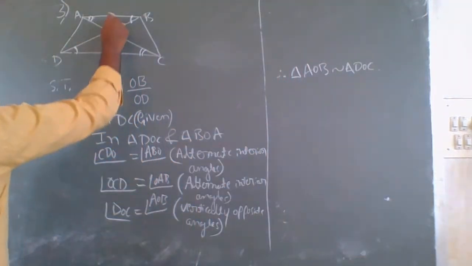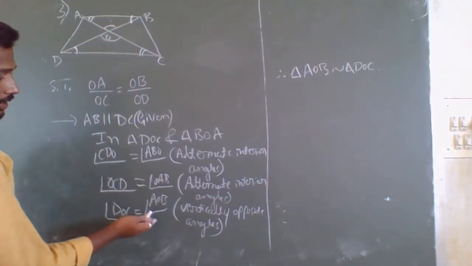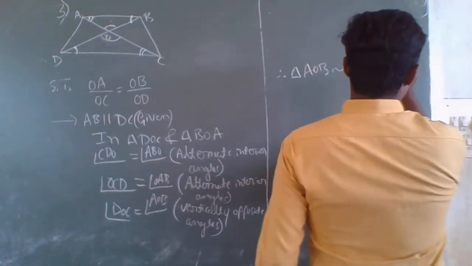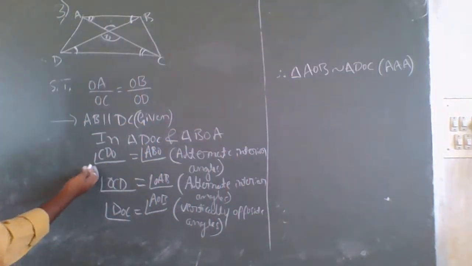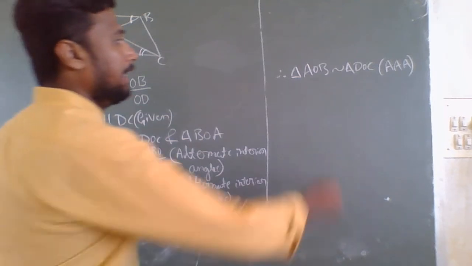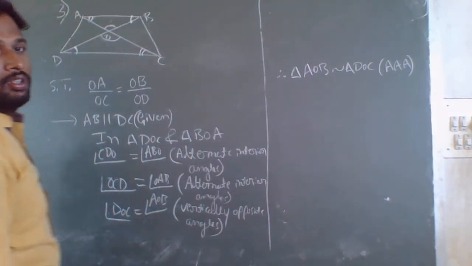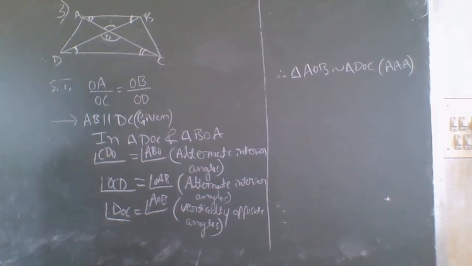These two triangles are similar by AAA, because these three angles are equal to each other. Or if you prove two angles are equal to each other, then you can also write AA, because when two angles are equal, then the remaining angle should be equal too.